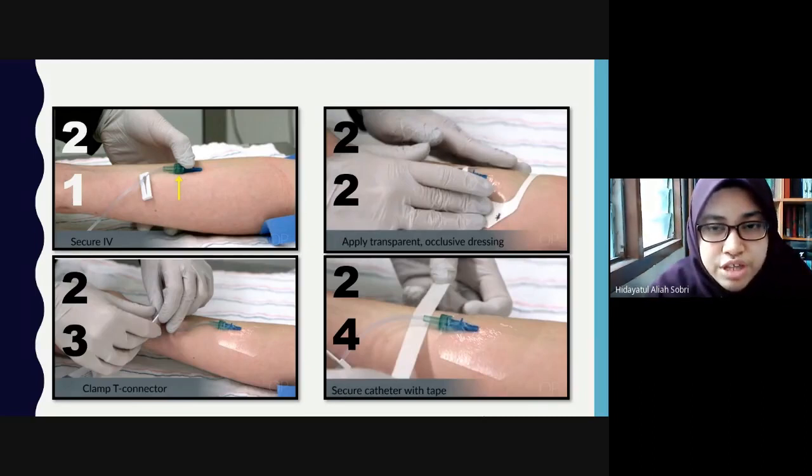We have to avoid covering the insertion site with any opaque cover, because we want to see the insertion site to look for any sign of phlebitis. Also we should not cover the insertion site with the tape, because we want to see the signs of phlebitis or infiltration. Next slide.